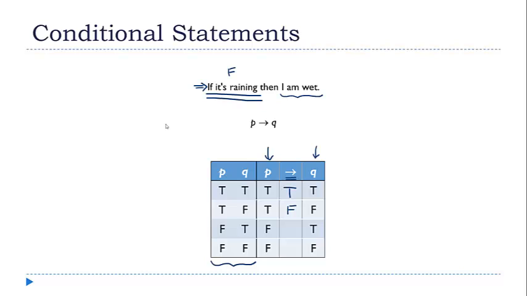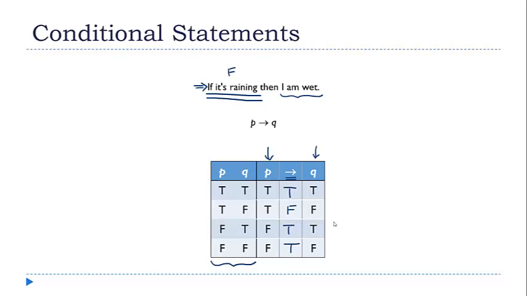This statement tells you what has to be true in the event that it's raining. It tells you nothing about what's going to happen if it's not raining. So if it's not raining, is it possible that I'm wet? Yeah, I could be wet for some other reason. So this is a true statement. And if it's raining, is it possible that I'm not wet? Well, possibly yes. This statement is also true.